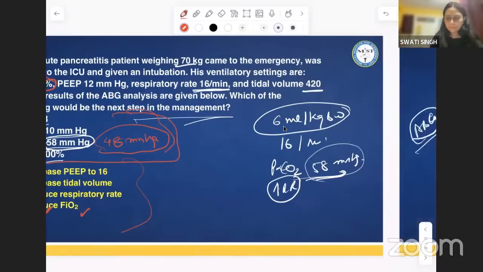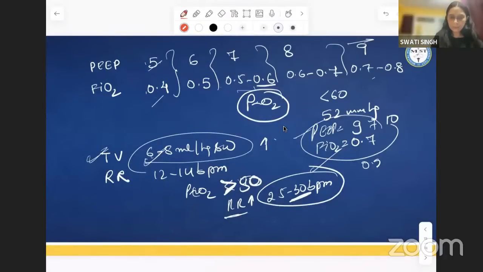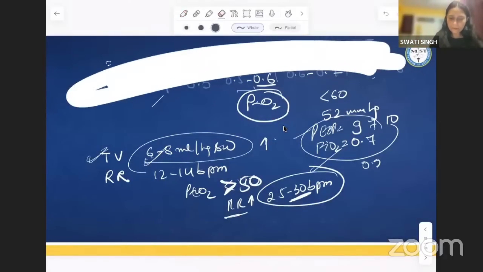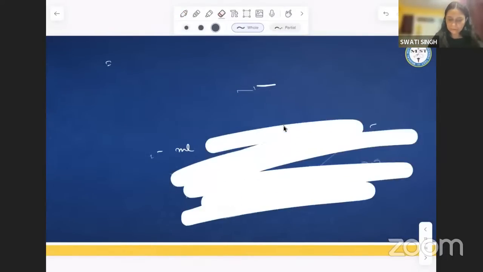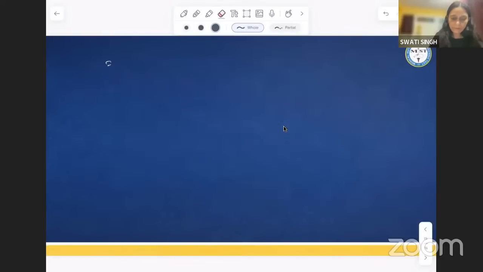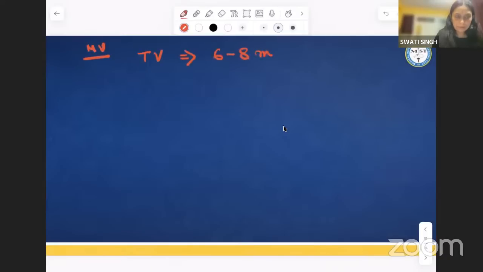Okay, everyone, again, please pay attention on the screen for a second. When a patient comes and I have to put the patient on mechanical ventilation, what do I do? I fix the tidal volume, normally 6 to 8 ml per kg body weight.